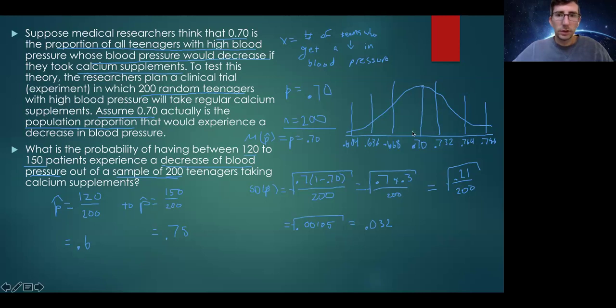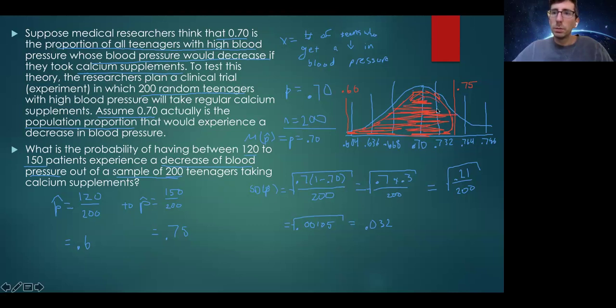So 0.60 is somewhere down here, just below 0.604. And 0.75 looks like it might be somewhere right around here, less than 0.764, but greater than 0.732. And so we're looking for all of this area under our curve in between that interval.